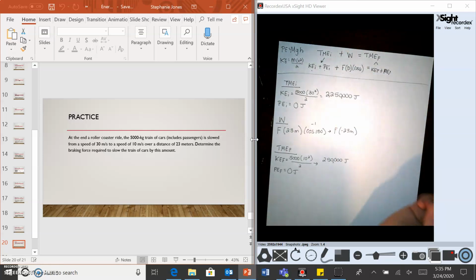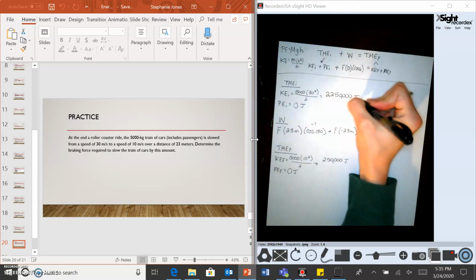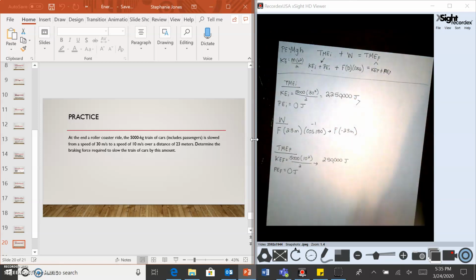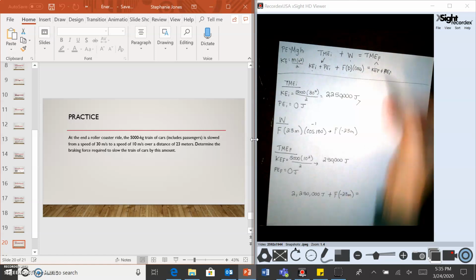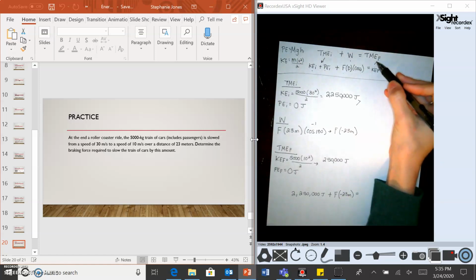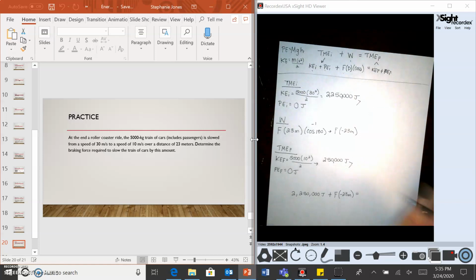So our total mechanical energy initially will be these two added together, and that is going to be the 2,250,000 joules plus our work, which is just going to be F times negative 23, and that's going to equal our total mechanical energy final, which again is potential plus kinetic. So add those two numbers together to get 250,000.